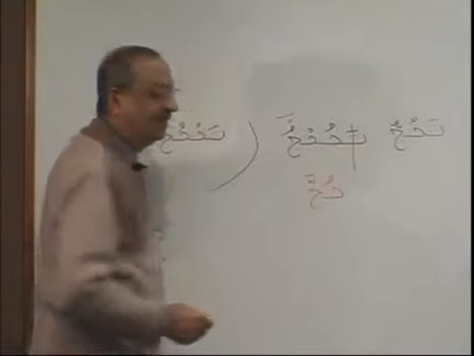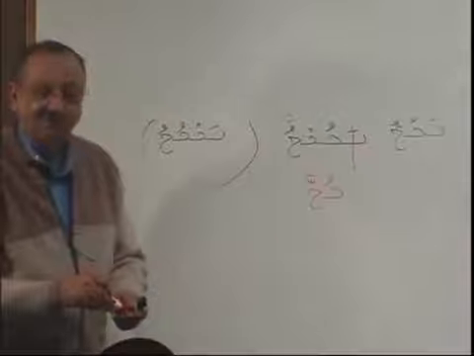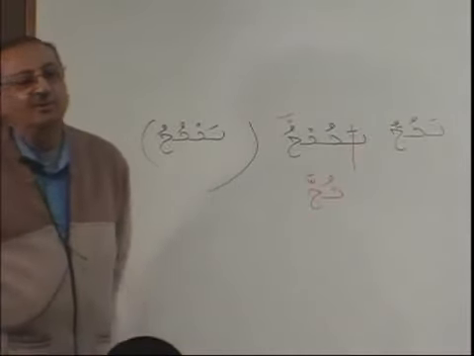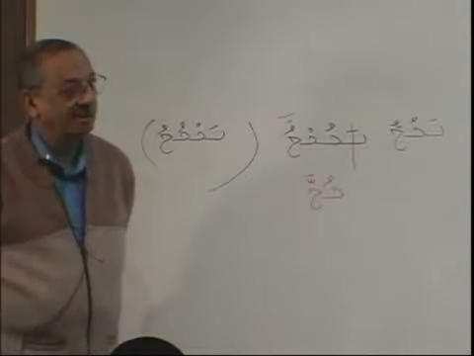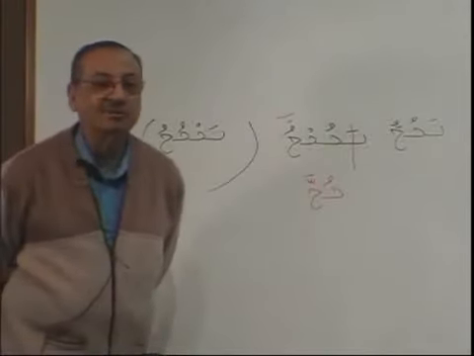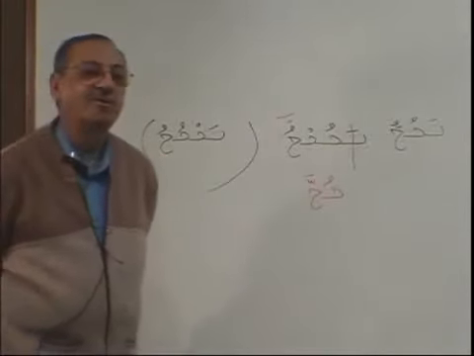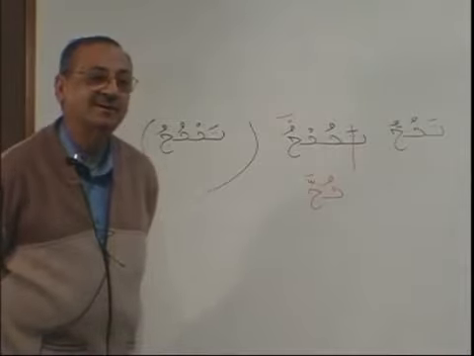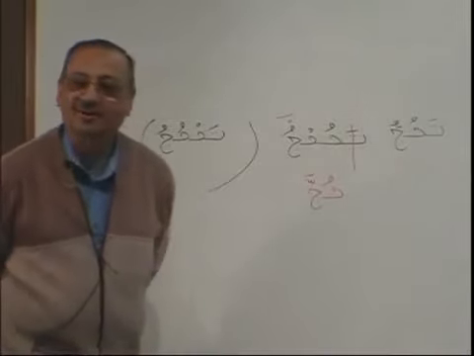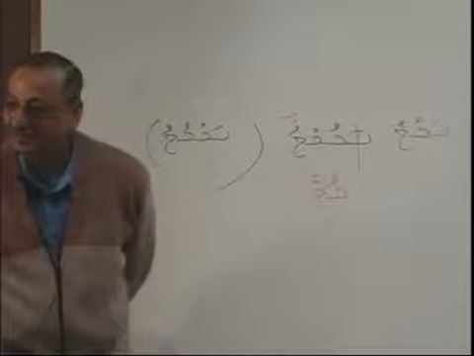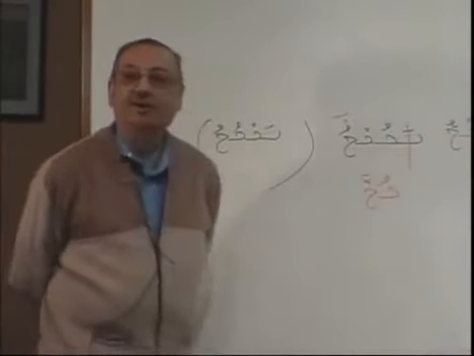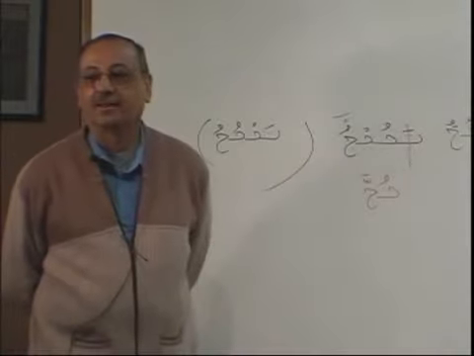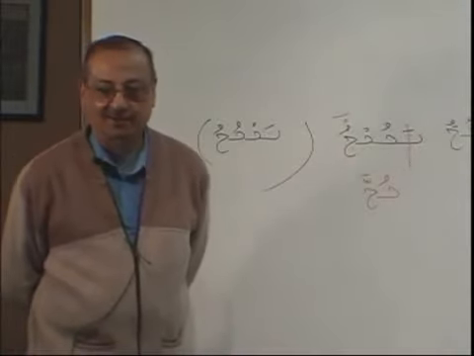Hujja. Brother, I want you to analyze it, hujja. Now this is a tricky business. But remember, brother, I've told you many times, the more tricky it becomes, the more delicious and enjoyable it becomes. Okay, brothers and sisters? Hujja. Listen to me carefully.